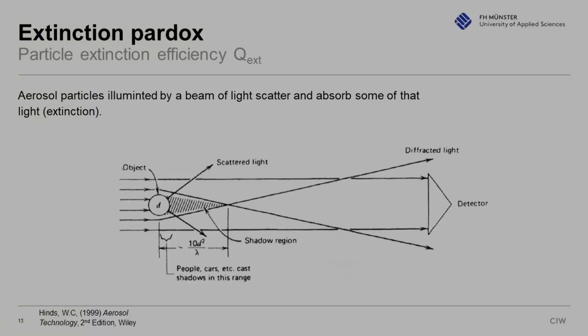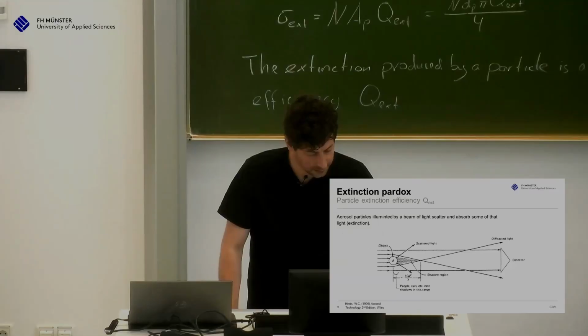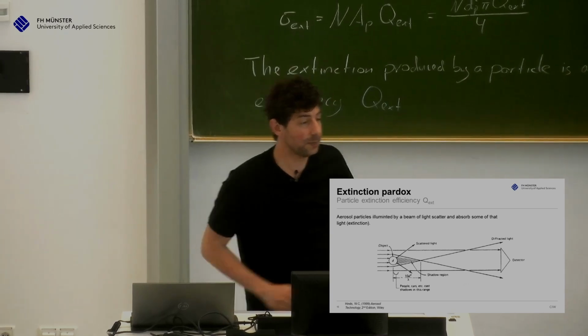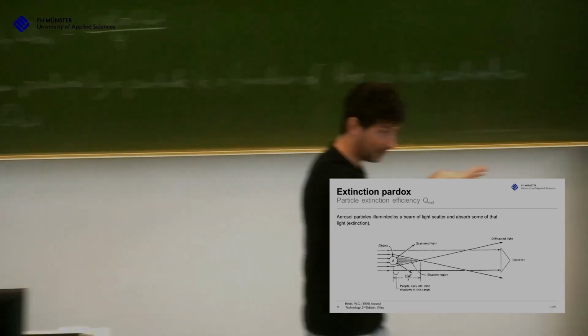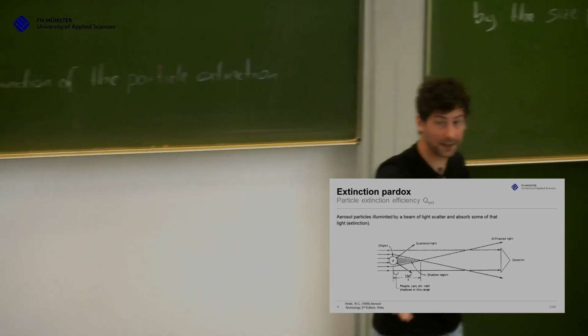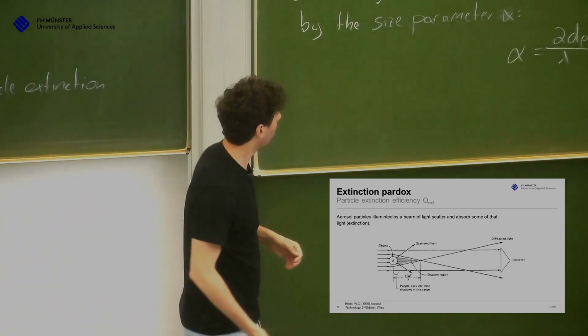So then we have something called the extinction paradox. The extinction paradox is that if the particles get larger, Q will be 2. And this is also what you see in the diagram, that if alpha increases, the line goes towards 2. So this means large particles take out twice the light their size would suggest. How does this work?